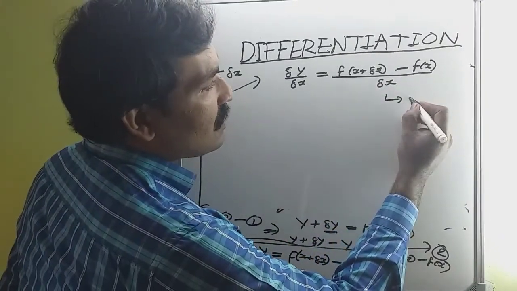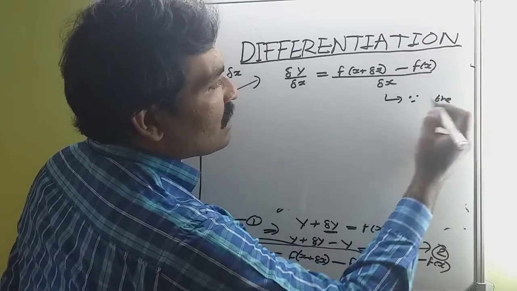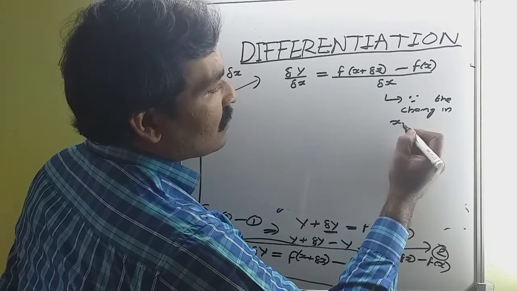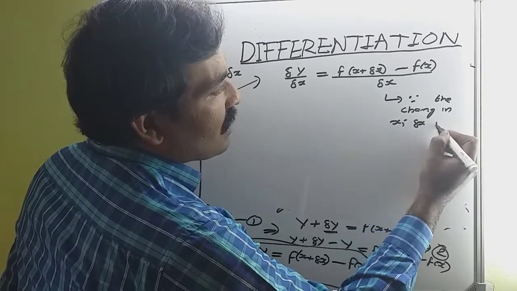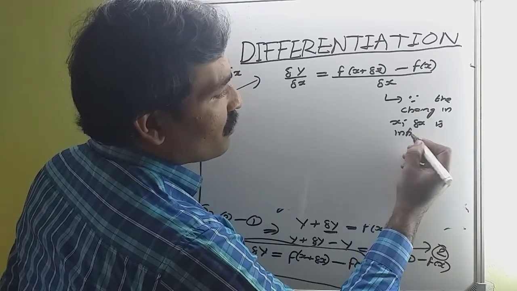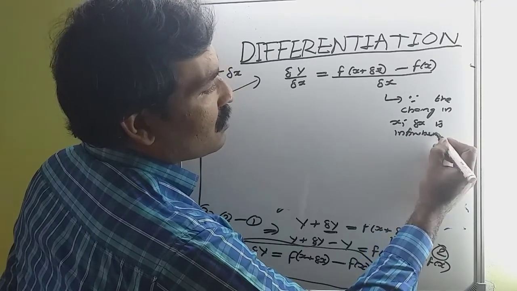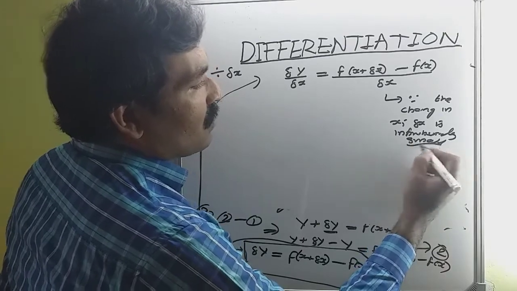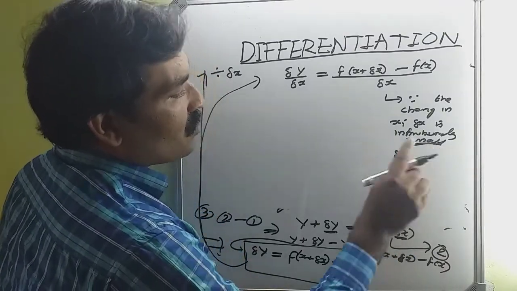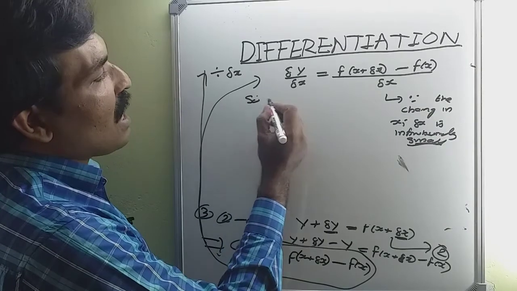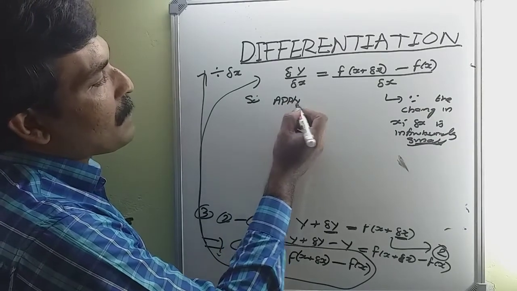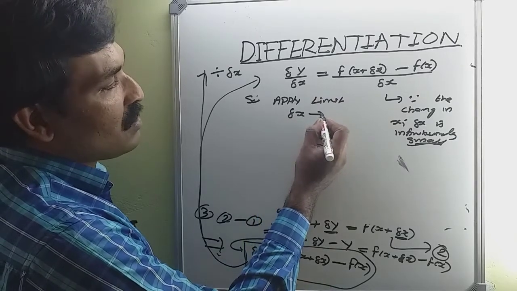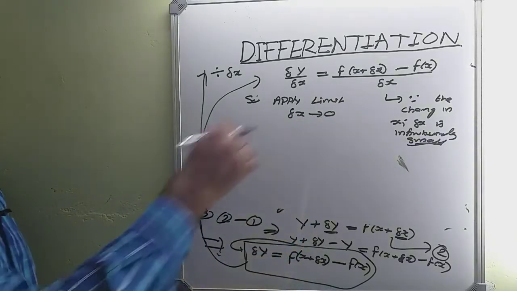Since the change in x, that is del x, is infinitesimally small, apply limit del x tends to 0 on both sides of the equation.